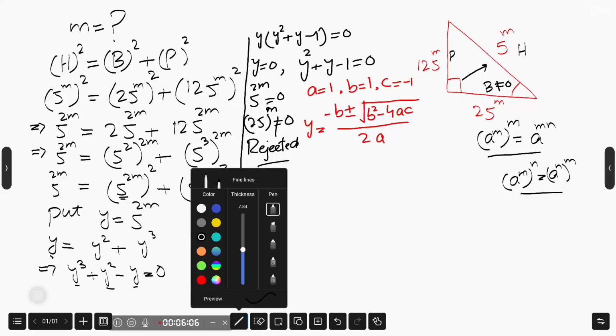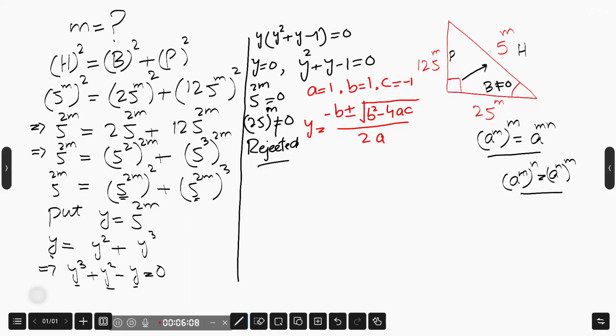When we substitute the values of a, b and c, it will be written as -1 plus minus square root of b square. Our b is 1, so it becomes 1 square, minus 4 times a, which is 1, times c, which is -1, divided by 2 times a, and our a is also 1.